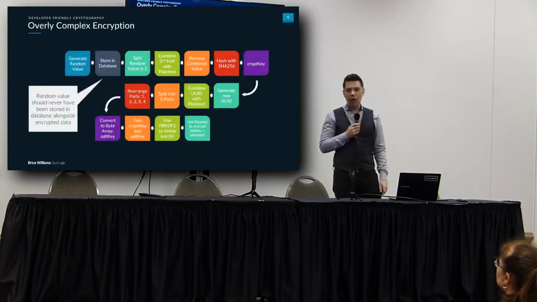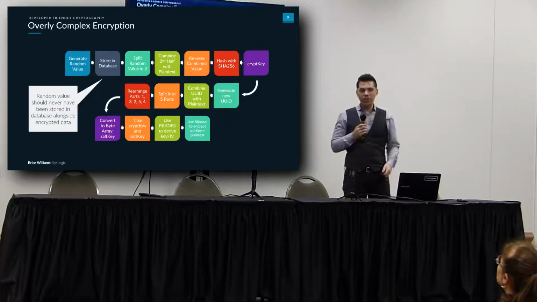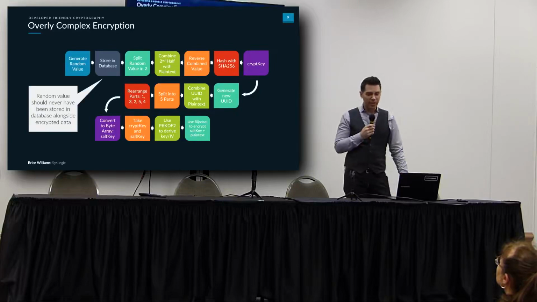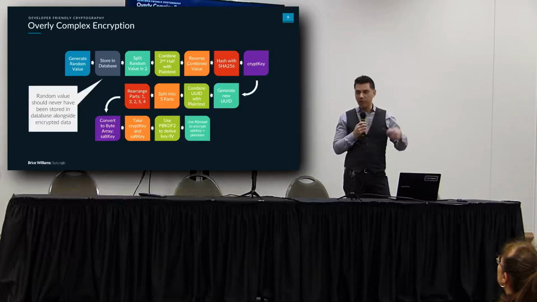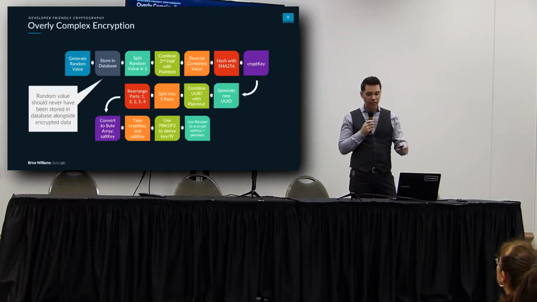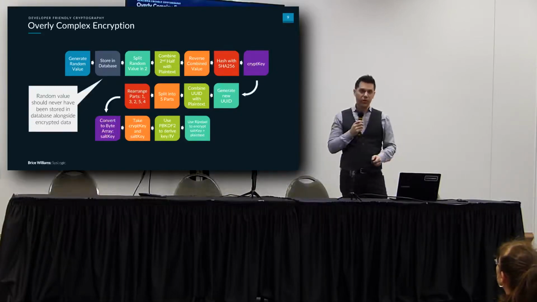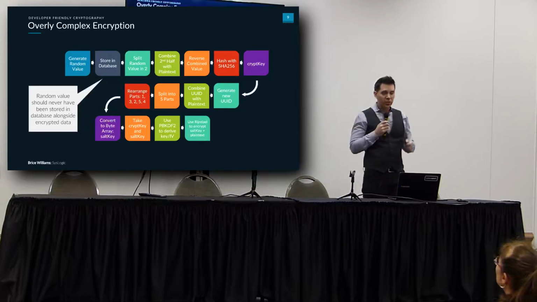We also see a lot of what I call overly complex encryption, just extra layers of things. I remember running across this one for the first time, right away going, what is going on here? And then reverse engineering the logic to understand what was happening. It kind of looked like this, where it's generating a random value. That random value gets stored in a database. The random value gets split into two.